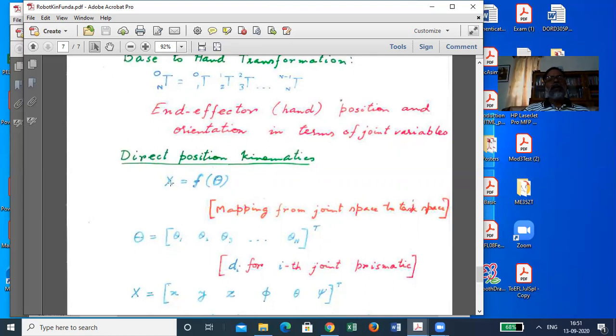Given something, you get a unique X. Of course, the non-uniqueness may appear if you are using a particular rotation representation, but the matrix representation will be the same. So in a sense, it is a function, and you can evaluate it. And that is what we have done just above. So this is why you say direct position kinematics has no issues. It always exists and it is well defined. However, inverse position kinematics will have problems. We'll come to that soon.